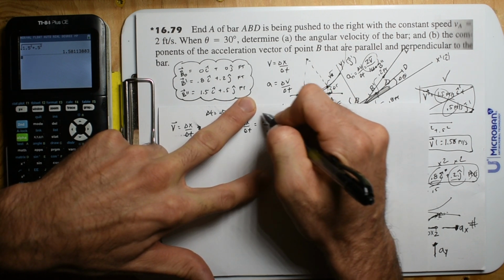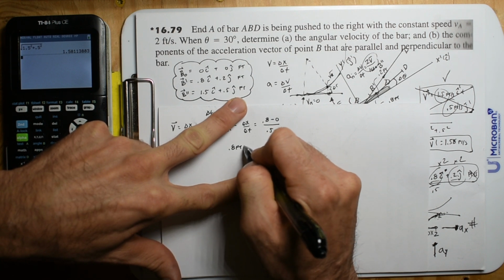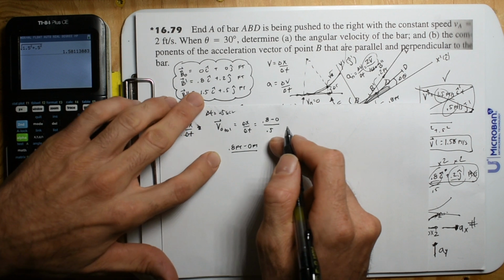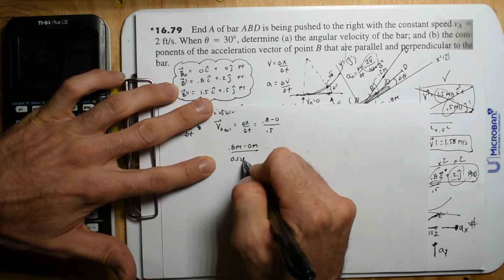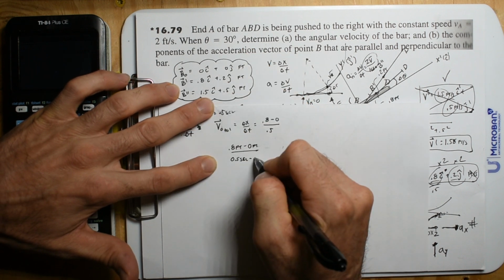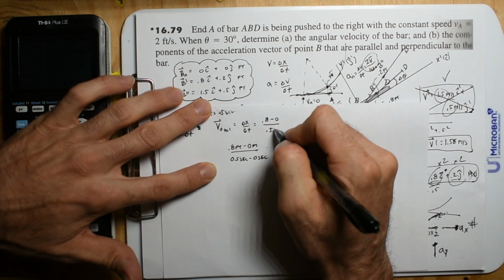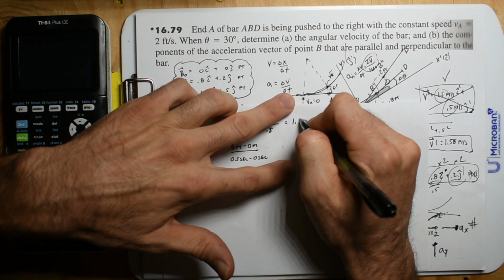And the units on this are going to be 0.8 feet minus 0 feet divided by, you can even say the change in time is 0.5 seconds minus 0 seconds. You know what I mean? But there you go. 0.8 divided by 0.5 is going to be 1.6.